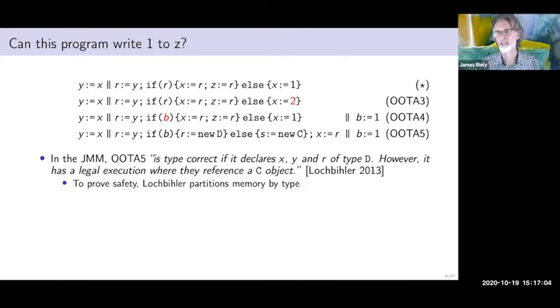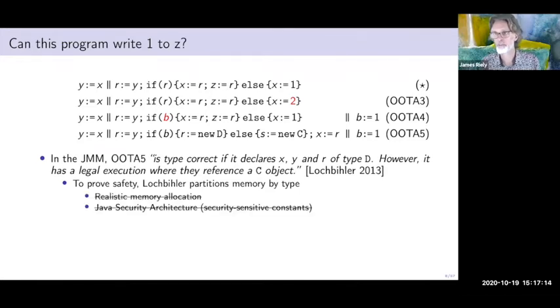Okay, but this is of course nonsense, right? So this means you have a separate heap for every type of object in your system. That's not really a realistic implementation technique. And further, Lochbihler showed that even if you have this kind of formal fix for type safety, you've still got real problems with the Java security architecture based on forging constants through this kind of mechanism.